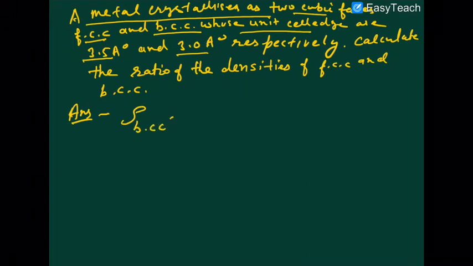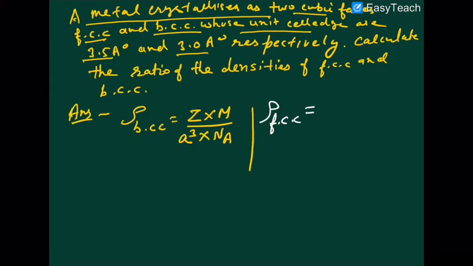In case of BCC, it will be Z into molar mass by A cube into Avogadro number. While in case of FCC, its value will be Z into M by A cube into Avogadro number.